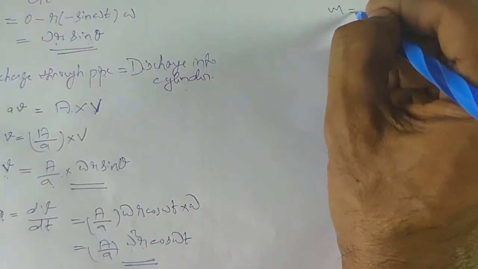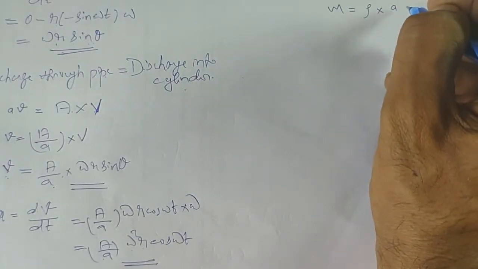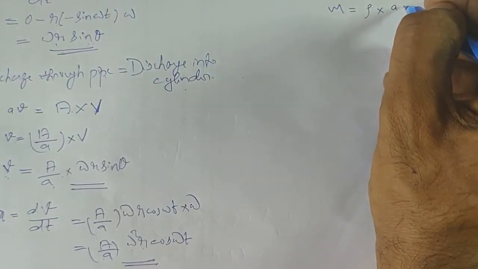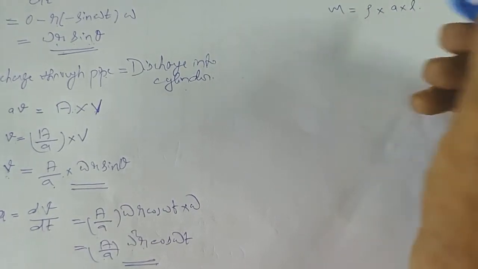So m is equal to rho into area into L. This is the area of cross section of the suction pipe or delivery pipe, and this is the length of the pipe. It can be suction or delivery.